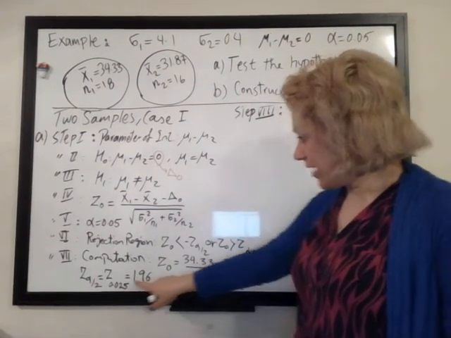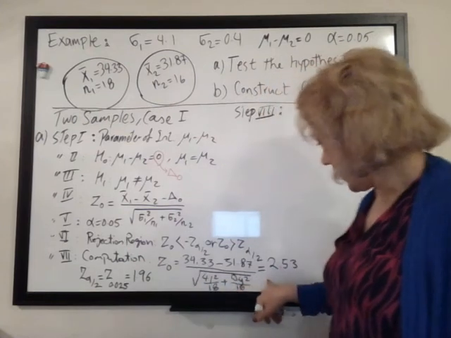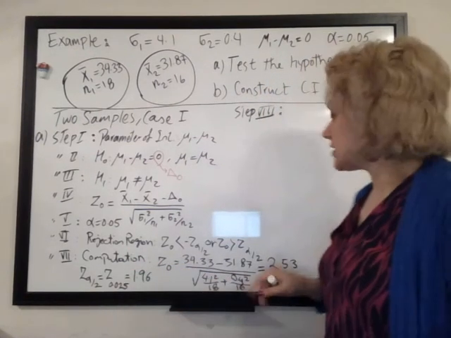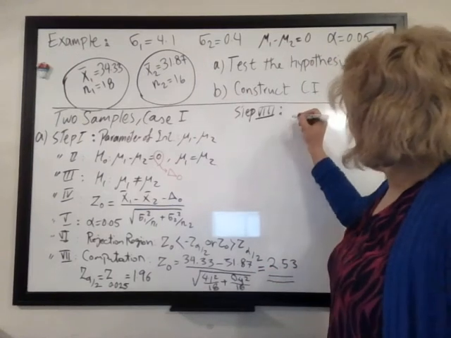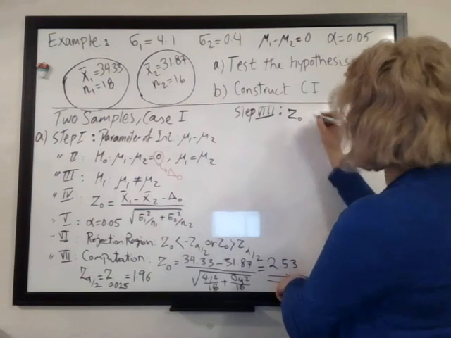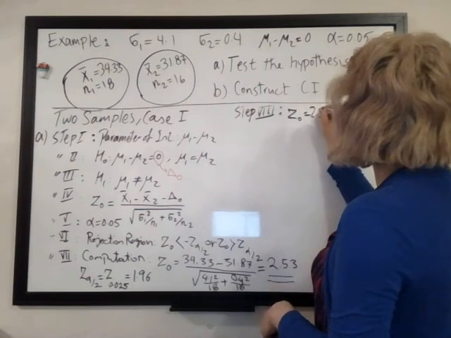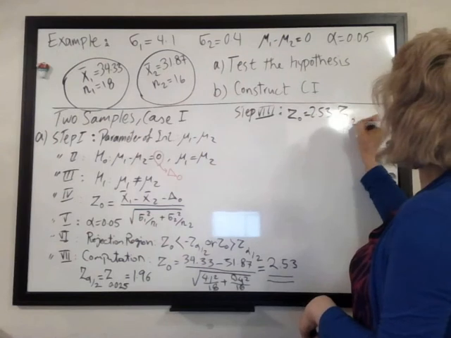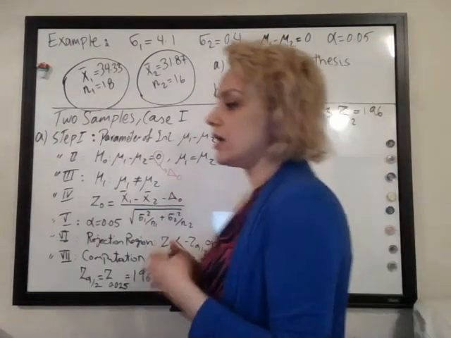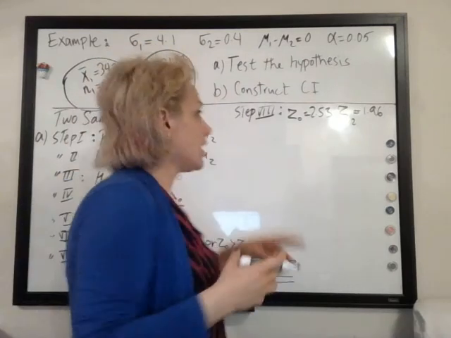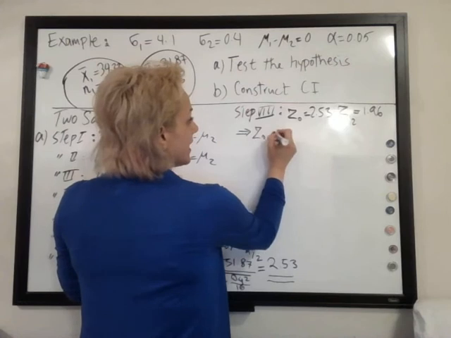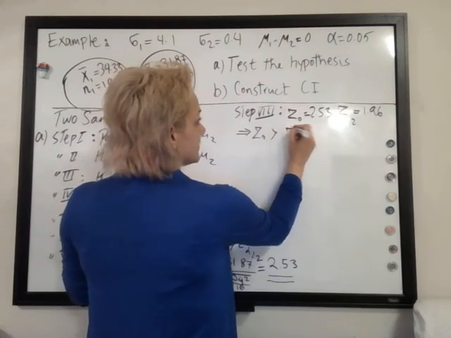We want to compare our z null, the value that we found here, 2.53, and z at half of alpha, which was 1.96. You can consider both sides of it. Because of that, we can say that our z null is greater than the z at half of alpha.